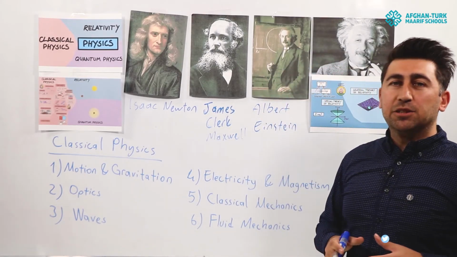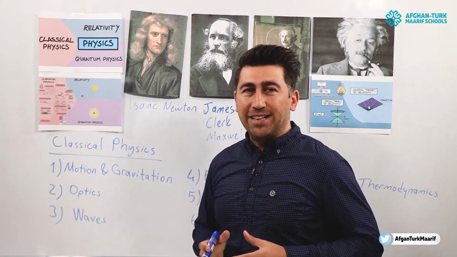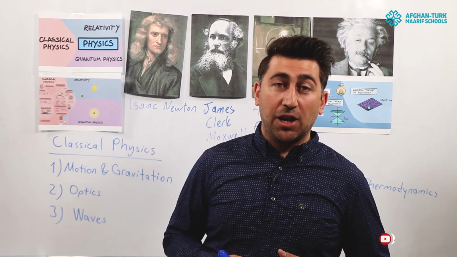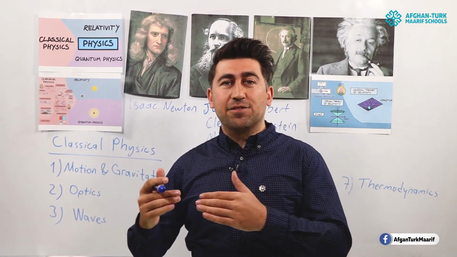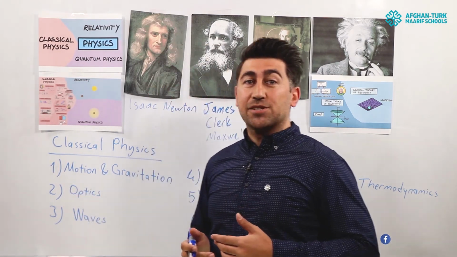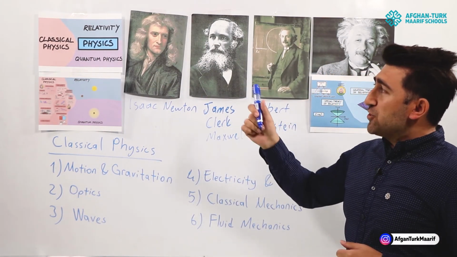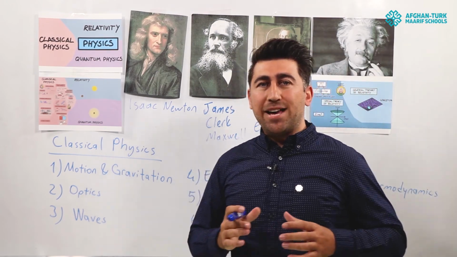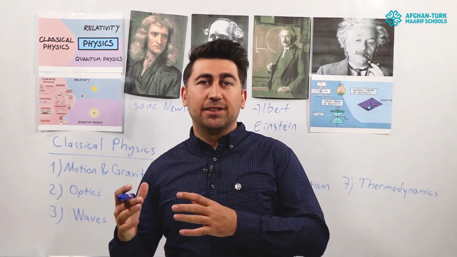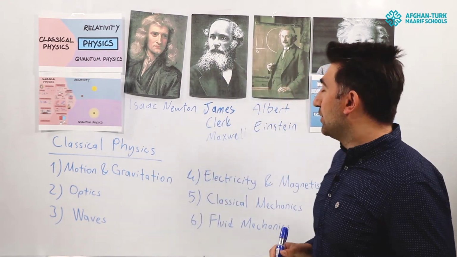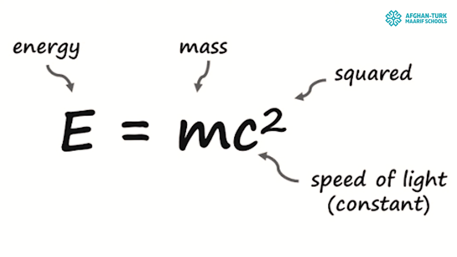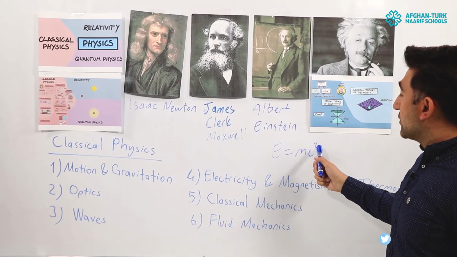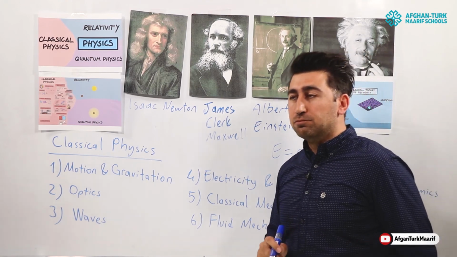So, special relativity predicts that the speed of light is constant for all observers, which means that when you travel really fast, weird stuff starts happening, like time slowing down. Special relativity also states that mass and energy are two aspects of the same thing, through the famous formula of Albert Einstein, which is E equals mc squared. Energy is equal to mass times the square of the speed of light.